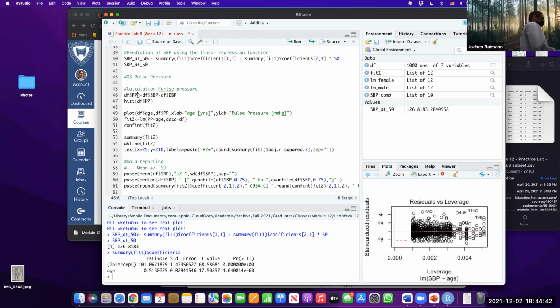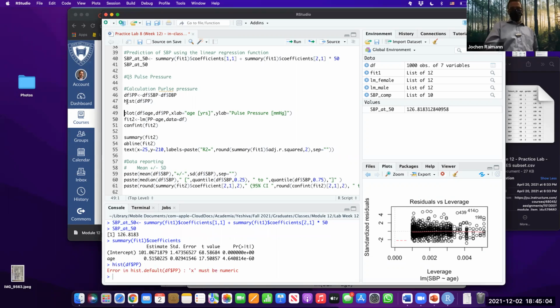One manifestation of atherosclerosis is that the vessels get stiffer, and for that very reason the difference between the systolic and diastolic blood pressure is increasing. The systolic blood pressure goes up, but the diastolic blood pressure does not. This difference is the pulse pressure, and it is a reflection of arterial stiffness.